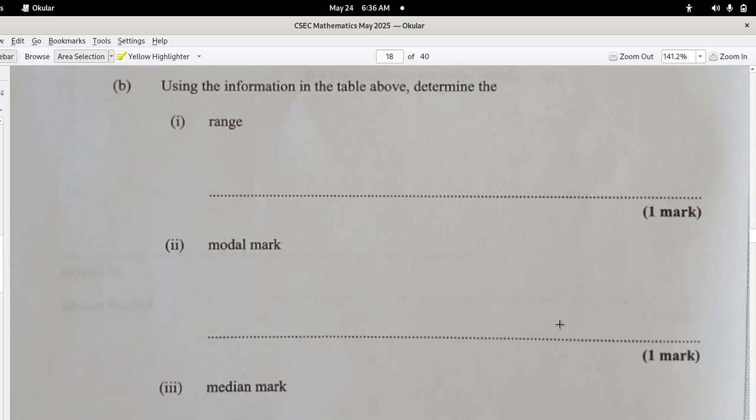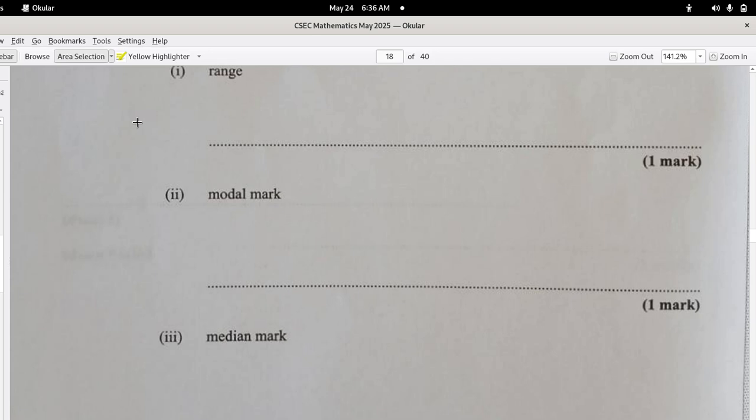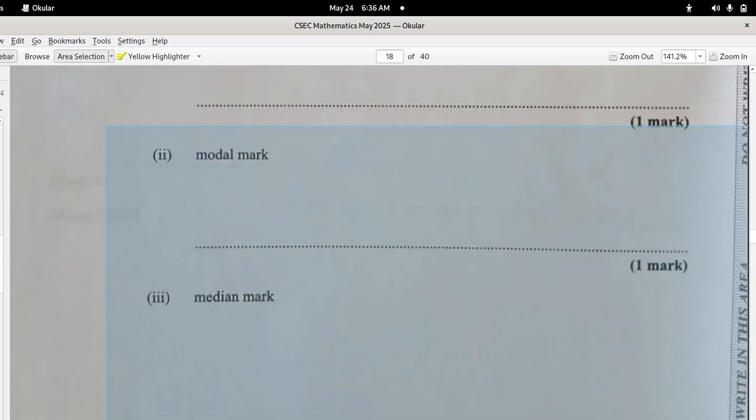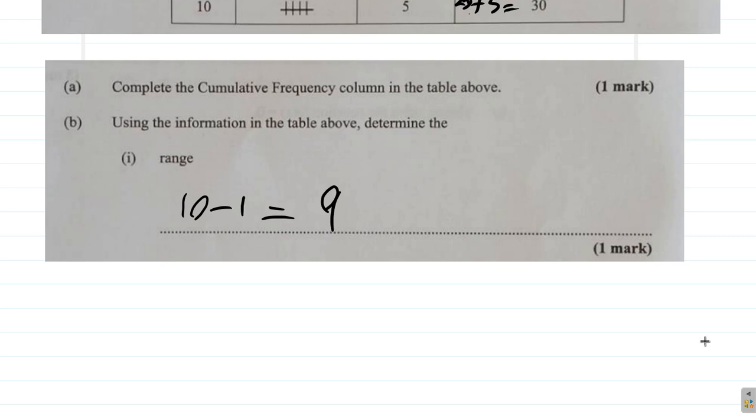The modal mark. The modal mark is the mark that is there more often than every other mark. Let me copy this part of it and paste it over here.